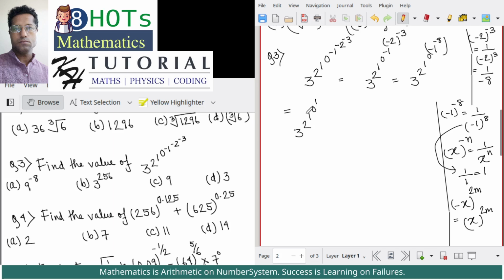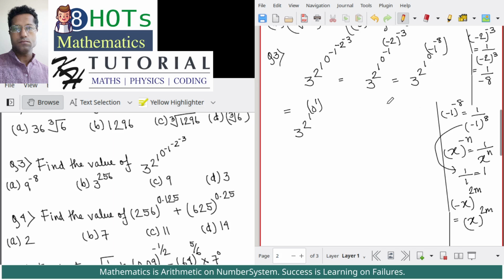Now the first one, this one, has a power of 0 to the power 1. So now we have to evaluate this part, 0 to the power 1. What is 0 to the power 1?